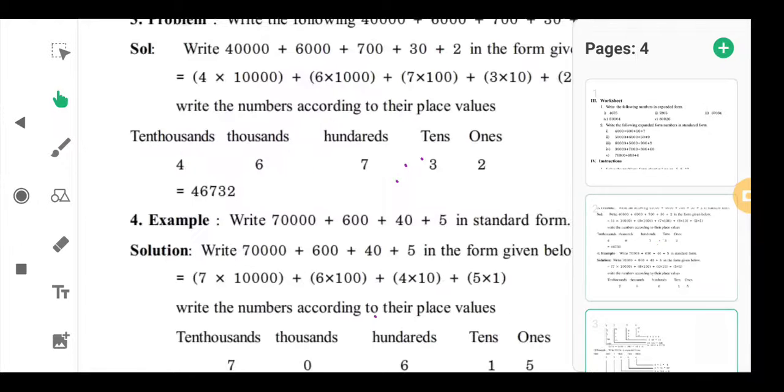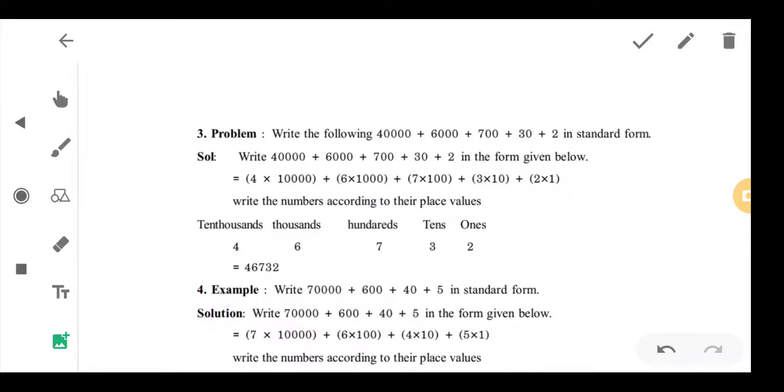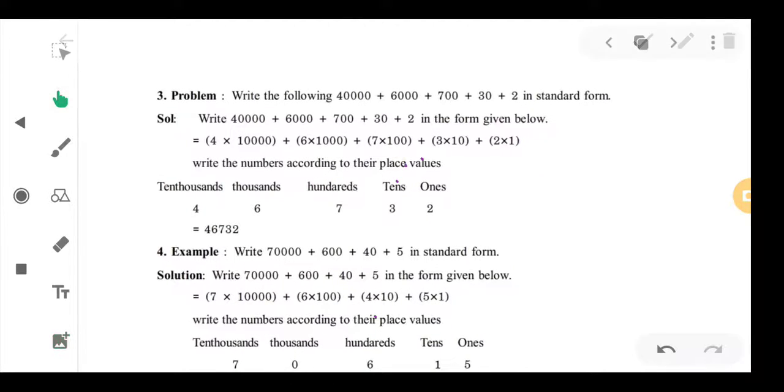After that, see here, if they are given in expand form, you have to write in the standard form. So this is the expand form, and in this problem we have to write this in the standard form. In standard form, same process but reverse. First of all we need to write the place values.